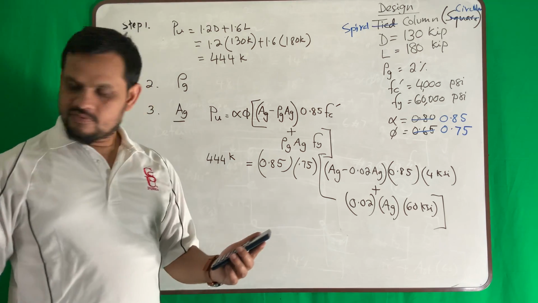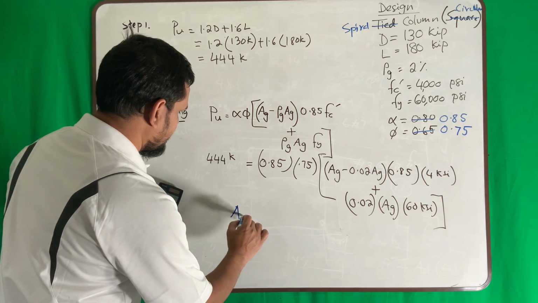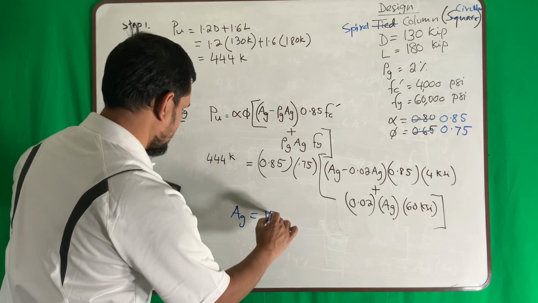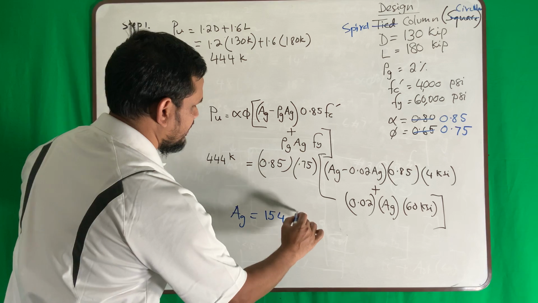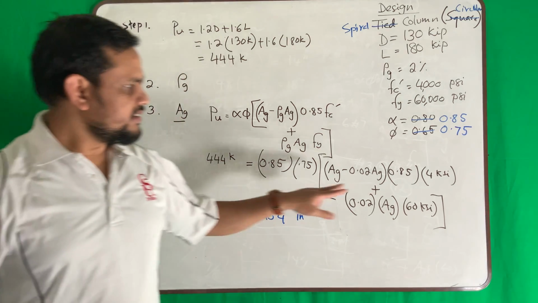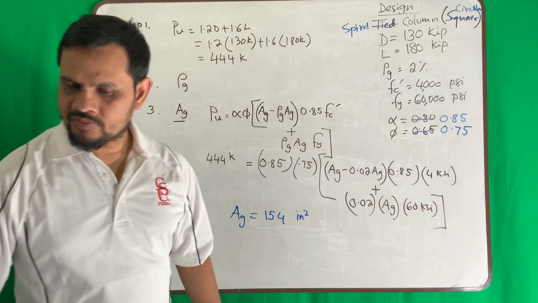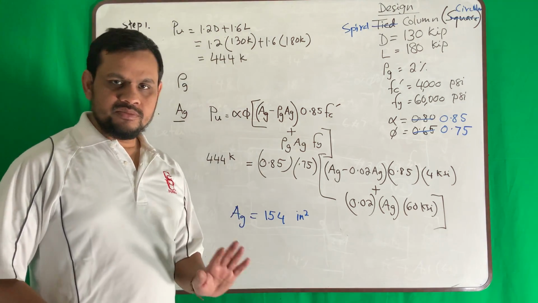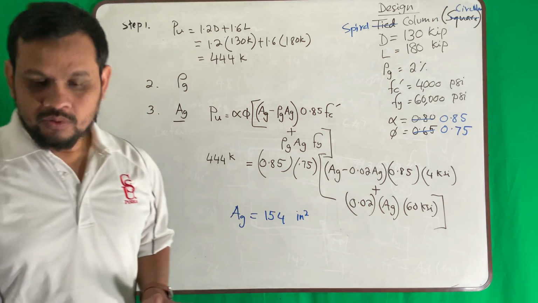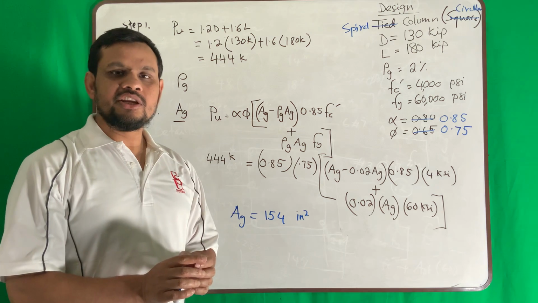I got 154. After solving, I am getting 154 inch square. This is kip, this is KSI, so it will be inch square. Now I did it very quickly, so if there is any calculation mistake, you can revise. So okay, I got my gross area required.